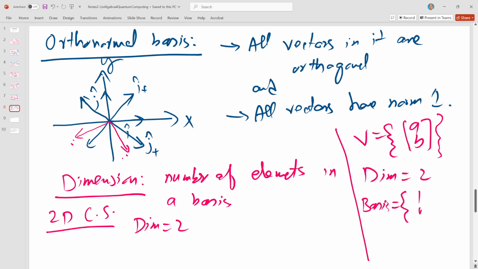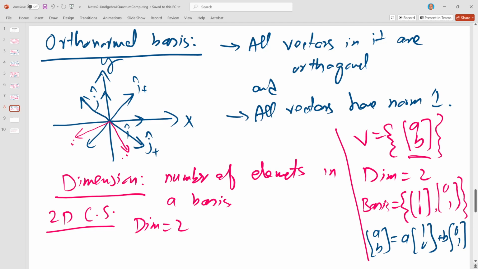For example, I can have (1, 0) and (0, 1) as a basis for this vector space, because I can write any vector in this vector space as a linear combination of these two vectors. So it means that this vector space has dimension 2. So a vector space can have many bases, but since it has only one dimension, all of the bases will have the same number of vectors.